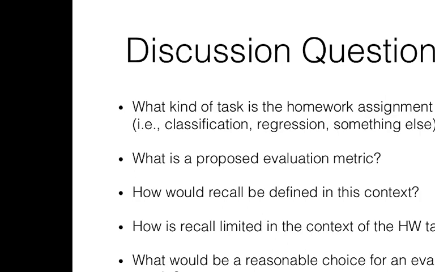And does everybody know what an n-gram is? So an n-gram is a sequence of n characters or n words. So for BLEU, it's n words. A bigram is 2 words, a trigram is 3 words.